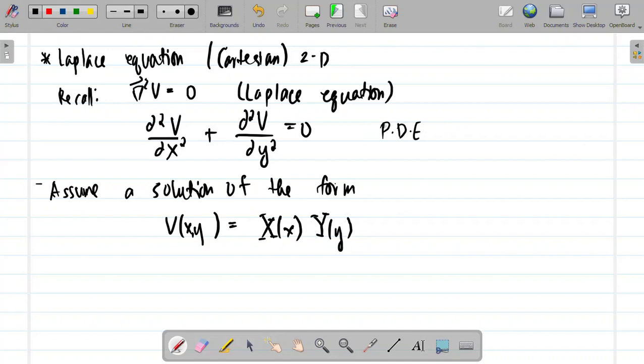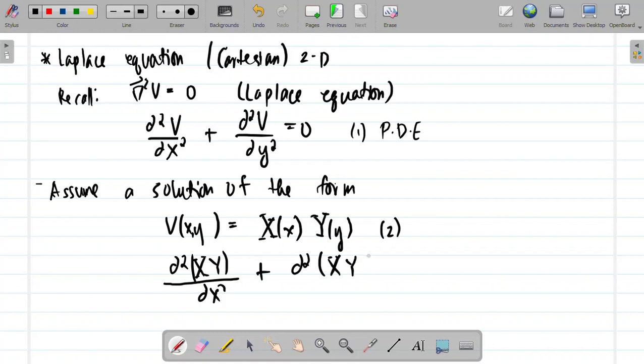So, let's label this equation 1. Let's label this equation 2. Now, insert natin yung equation 2 sa equation 1 to get partial squared X, Y over partial x squared plus partial squared X, Y over partial y squared equals 0.